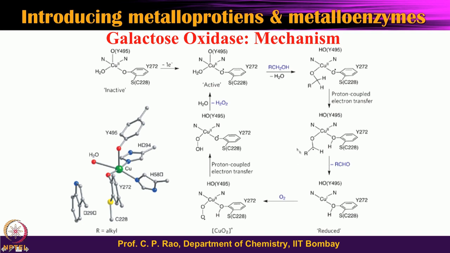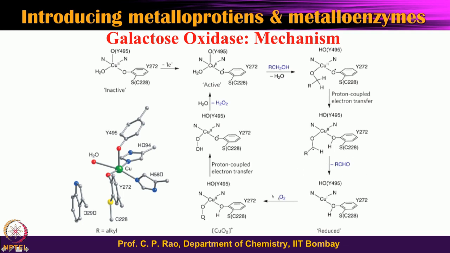This is the substrate. This is your alcohol, deprotonated alcohol, which is bound to the metal center, and from here the thing is transferred over here, and the hydrogen which is present here is transferred over there. So, you see that this becomes OH, that means the radical is transferred from here to here. Okay. So, that is what is called the proton coupled electron transfer.